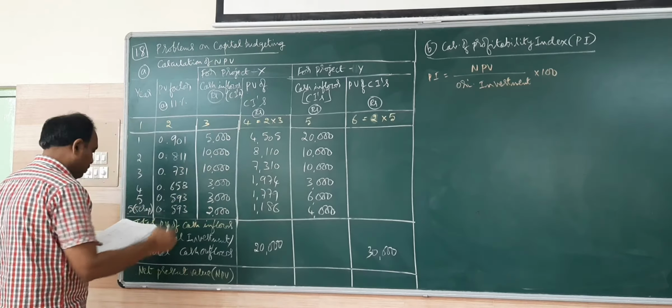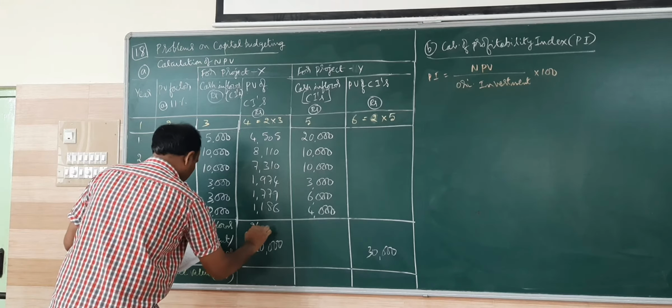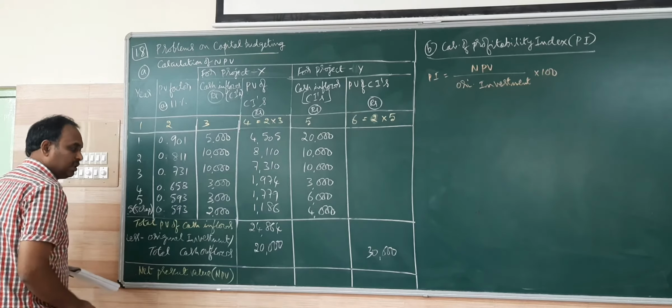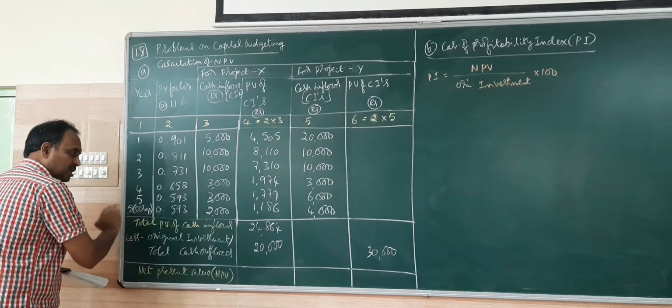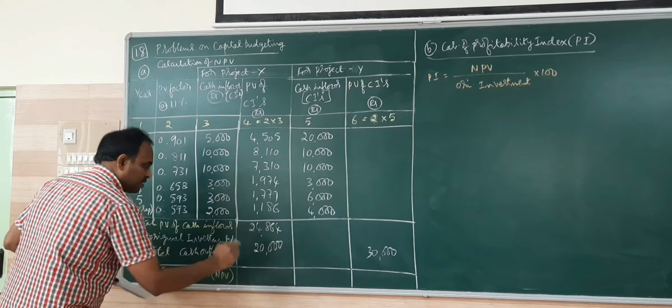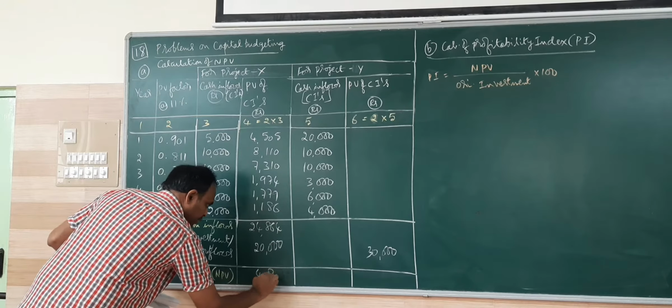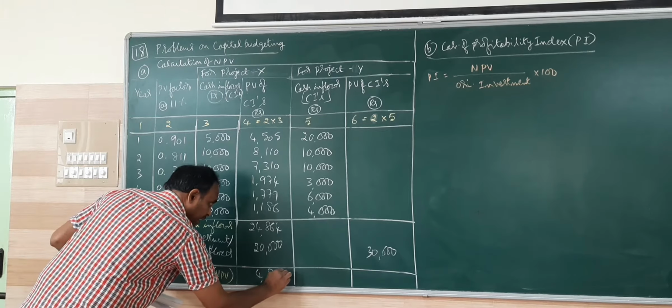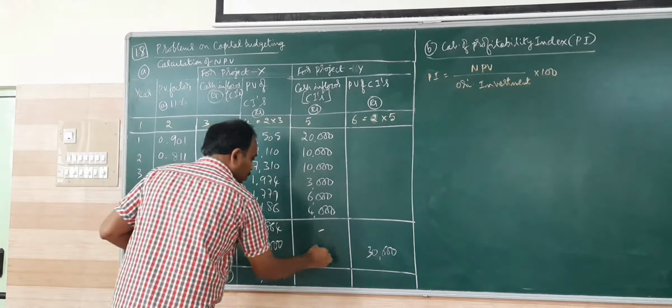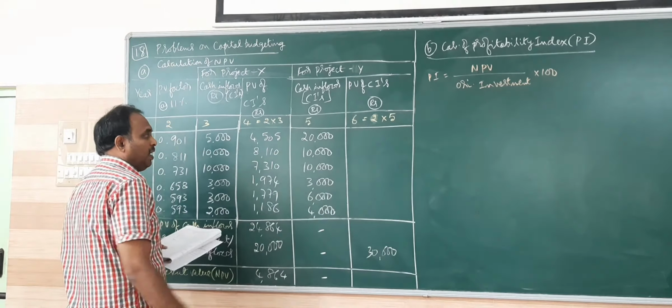If you add all the PVs, the total PV of cash inflow after adding scrap is 24,864, less total cash outflow. 20,000 is the investment. So the profit is 4,864.